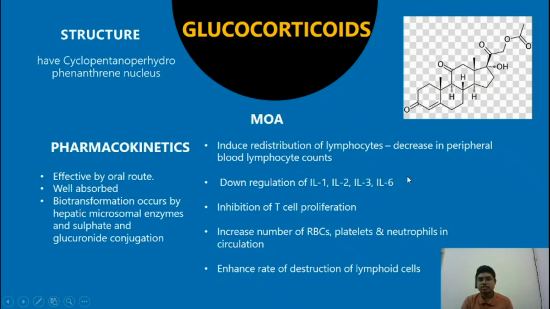Now coming to the mechanism of action. They induce redistribution of lymphocytes, which decreases the peripheral blood lymphocyte counts. In addition, they also downregulate key pro-inflammatory cytokines such as IL-1, IL-2, IL-3, IL-6 and also TNF-alpha.